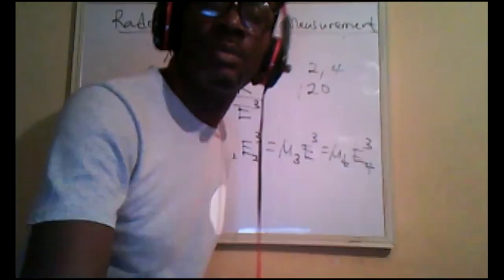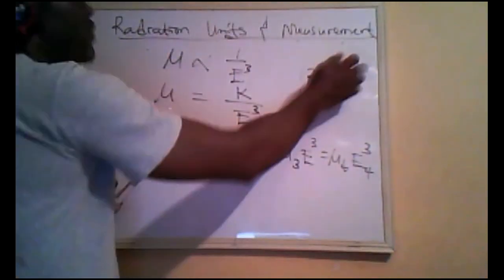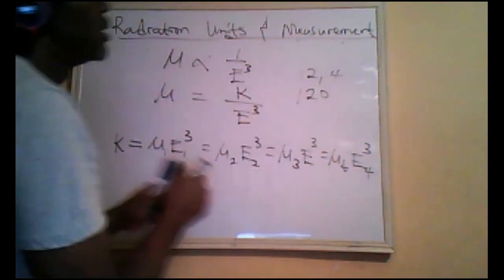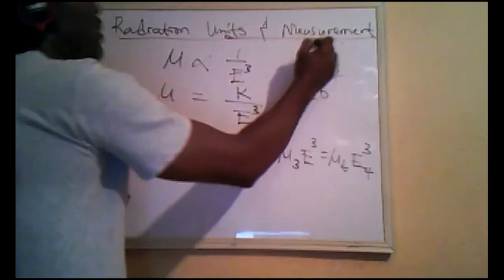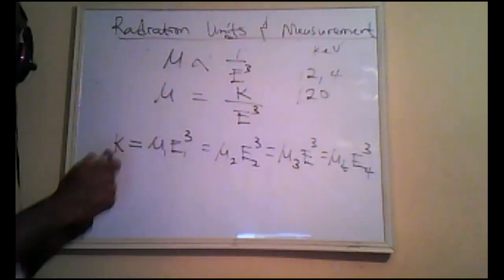We start at 12 kiloelectron volts, where the coefficient was 4 centimeters squared per gram.